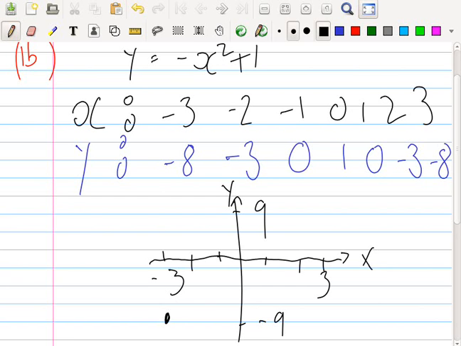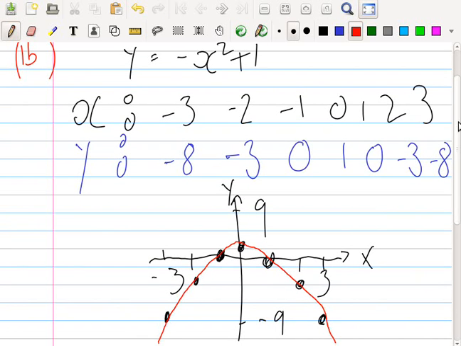Minus 2, minus 3 would be like here. Minus 1 and 0 would be there. 0 and 1 would be there. 1 and 0 would be there. 2 and minus 3 would be there. And 3 and minus 8 would be here. And then connect the dots. Whoops. And that would be the answer then.